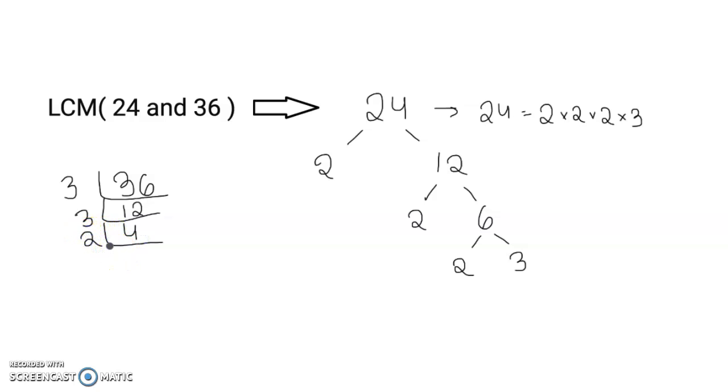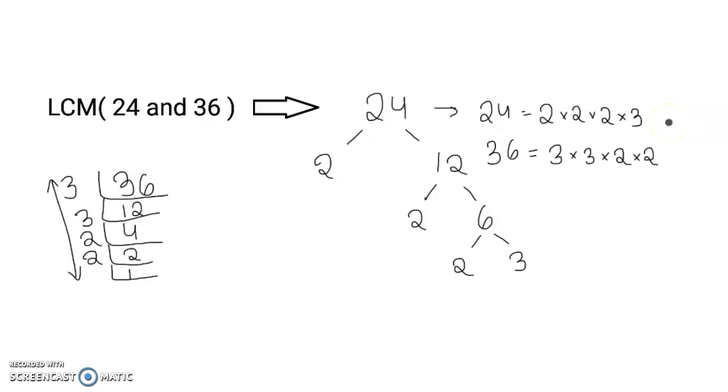Now, 4 divided by 2 is equal to 2, and finally, 2 divided by 2 is equal to 1. So, the prime factorization of 36 is equal to 3 times 3 times 2 times 2. So, I'm counting all the numbers on this side over here.